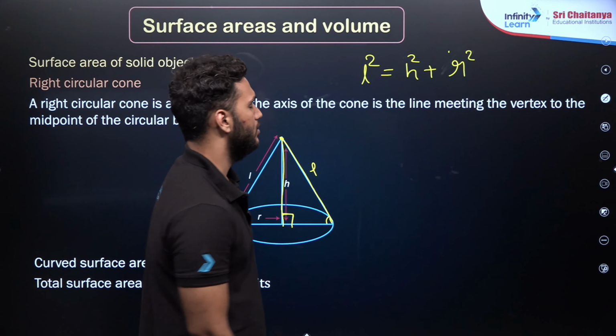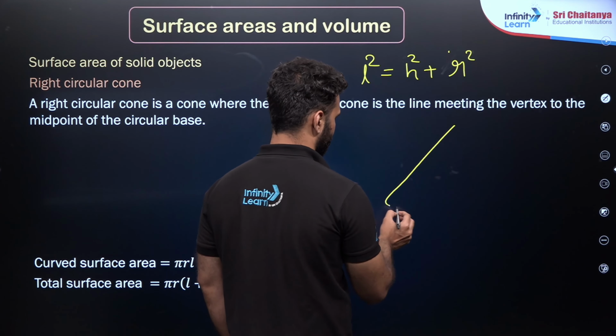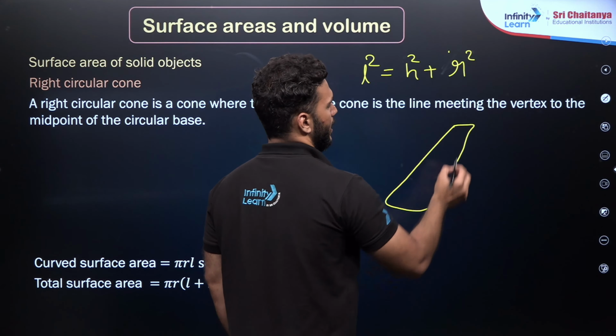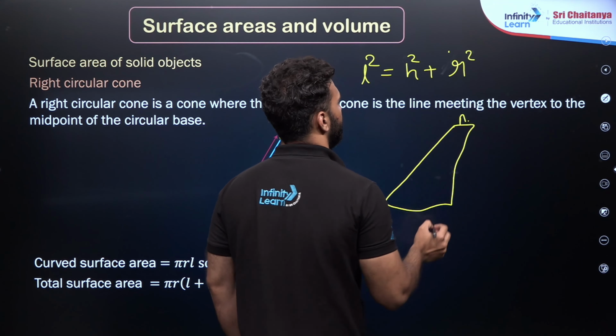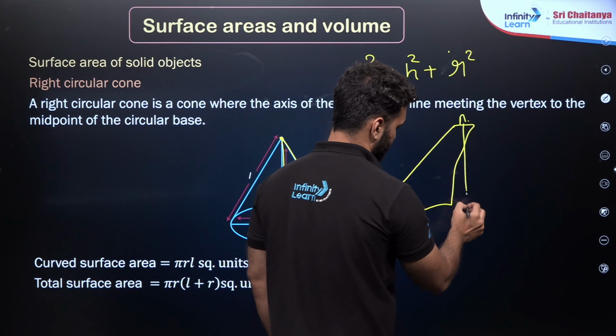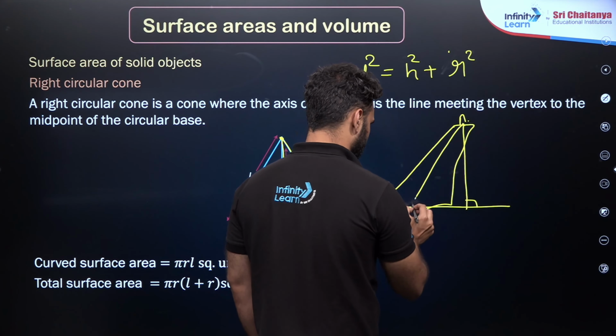Like if I make a building like this, and you are standing here, what will be the distance between you and the ground? Let's say this is the ground. Then the distance will be this, not this.